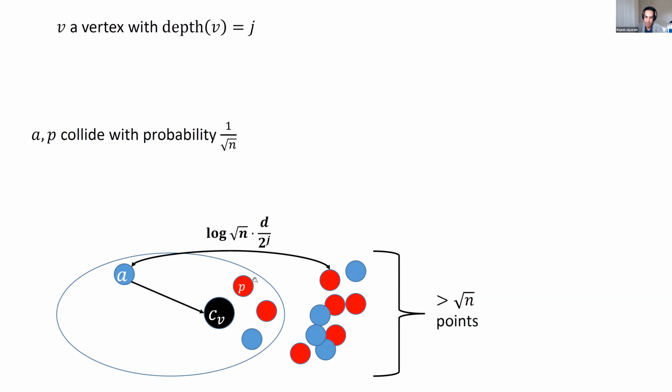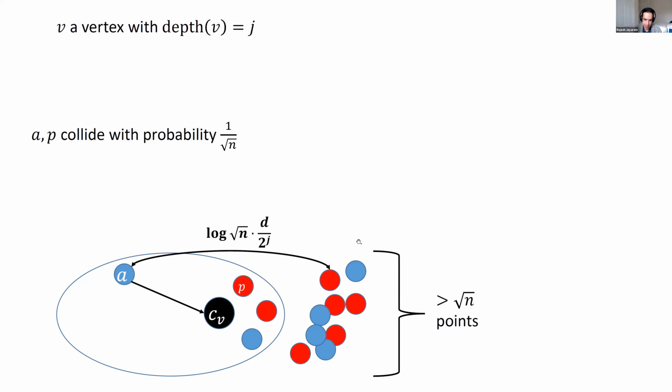Otherwise, I wouldn't have expected to get any points here. So what this says is that if I had a center of mass which was far, there must have been at least one point which was far. That point survived with small probability, 1 over root n. So there must have been many more points just outside which didn't survive, which had an opportunity to survive.